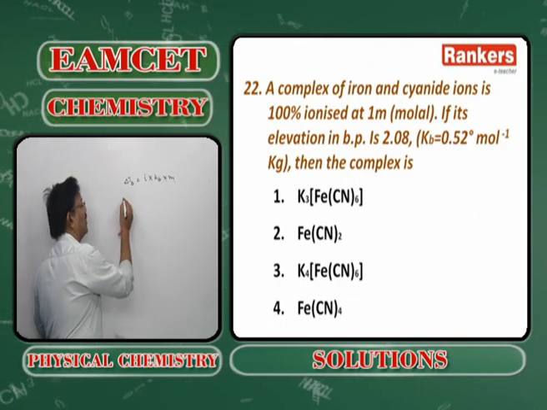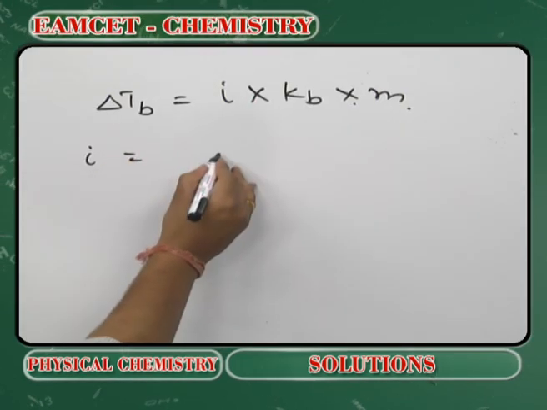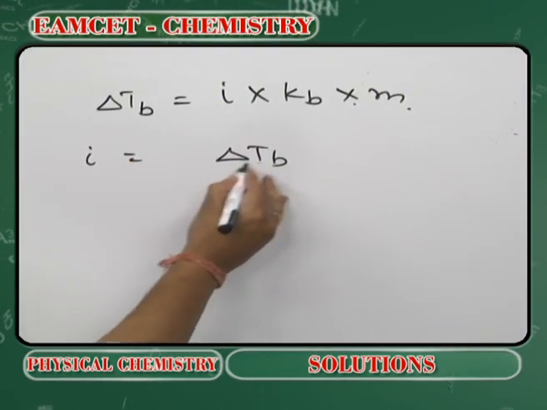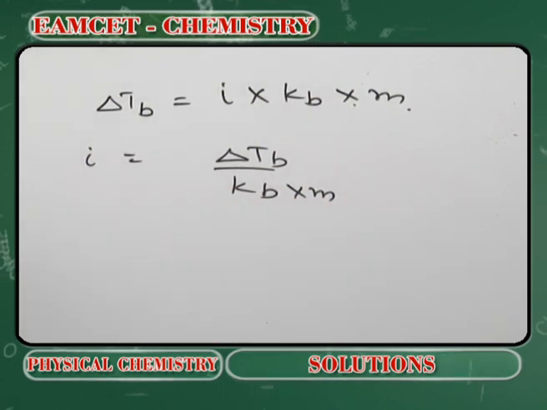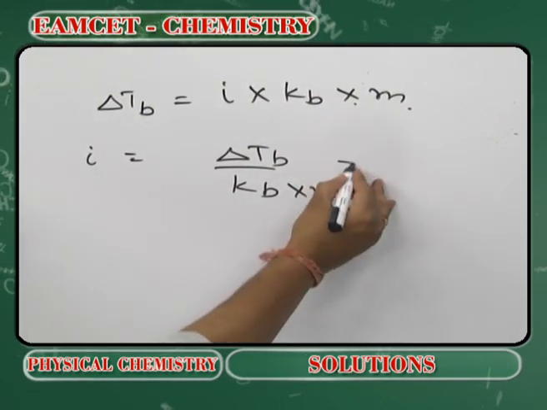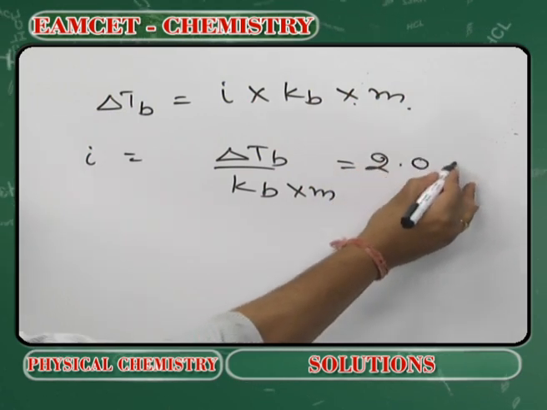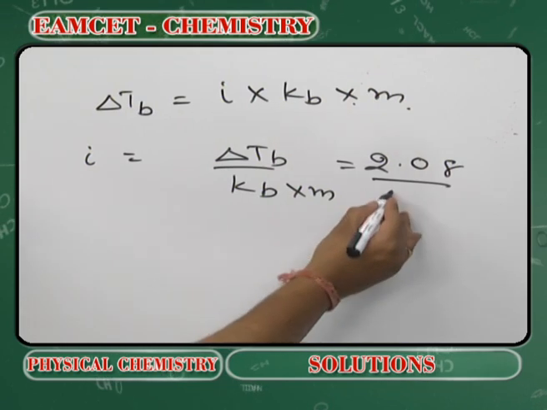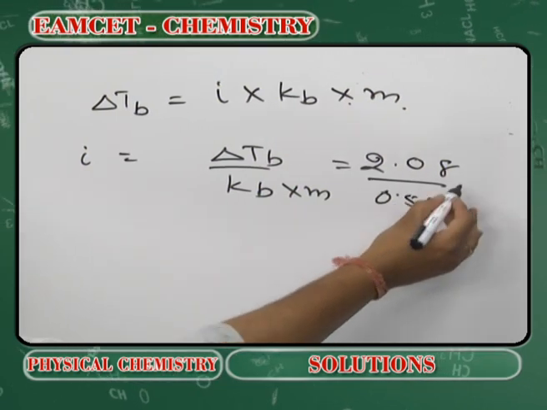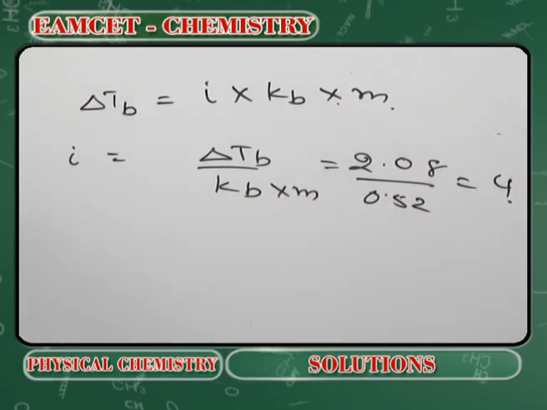Now i is equal to delta TB by Kb into m, because m happens to be 1. What is delta TB? 2.08. What is the Kb value? 0.52. So the i value is equal to 4.